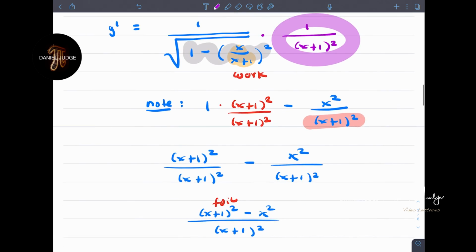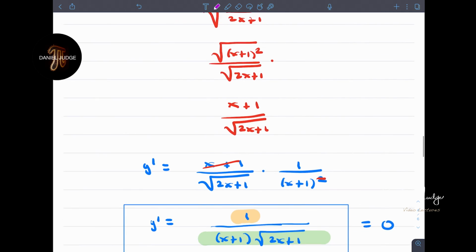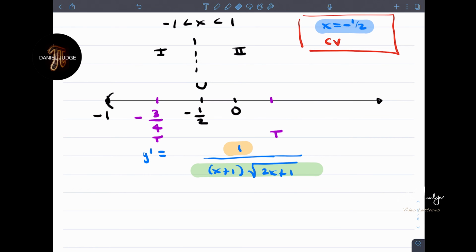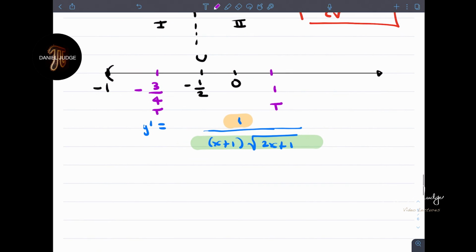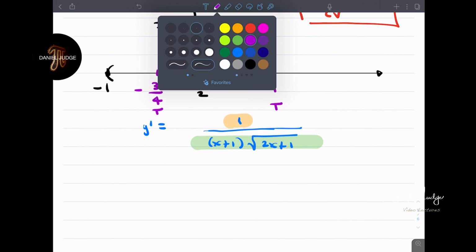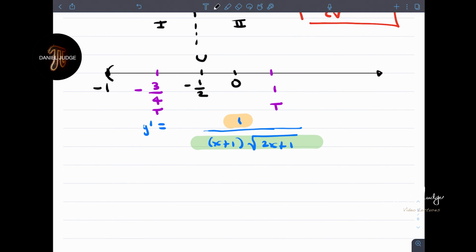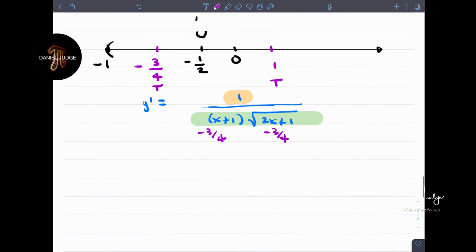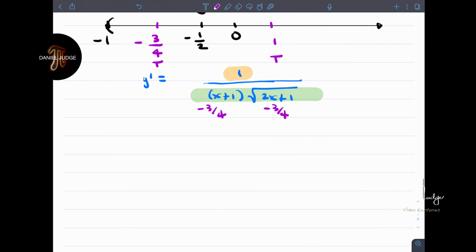Or I can choose positive 1, whatever is easier. So we're going to test these regions here. We want to find the sign of that first derivative. If I plug in as a test point negative 3/4, negative 3/4 plus 1, this would be 1 over negative 3/4 plus 1, which is really 1 minus 3/4.